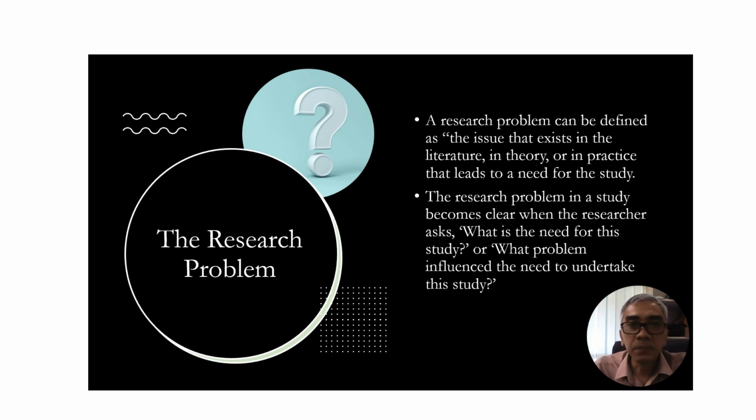The problem becomes clear when you ask yourself, what is the need for this study? So always move from a general topic to a specific issue. For example, student engagement is too broad, but low engagement in online TVET learning environments, that is a research problem.